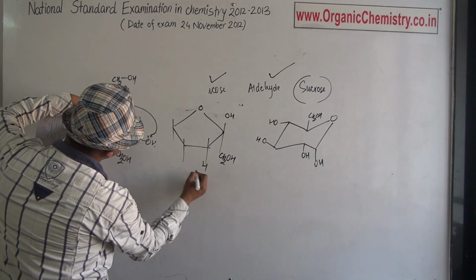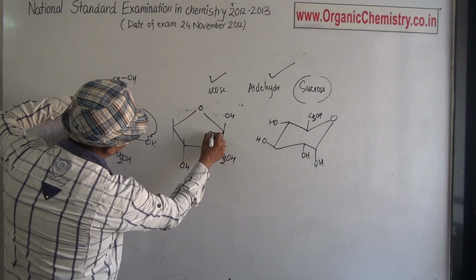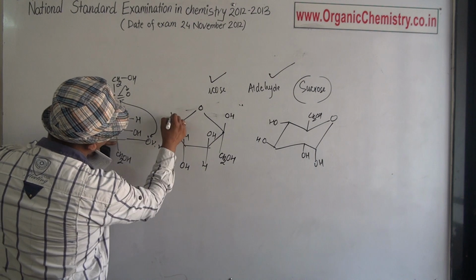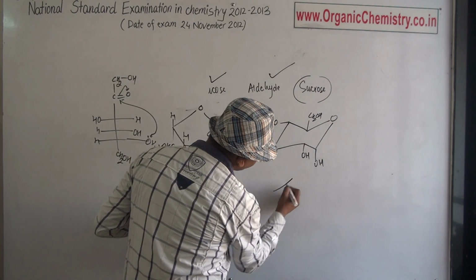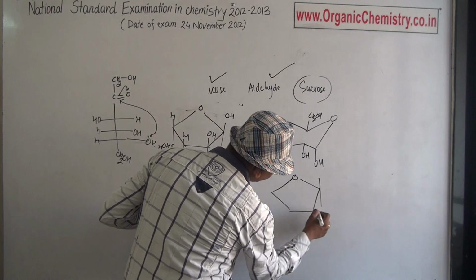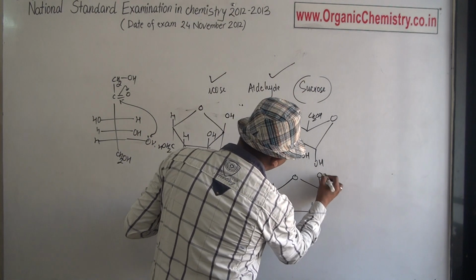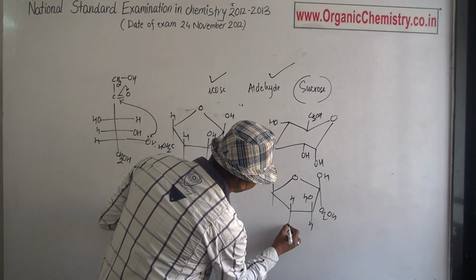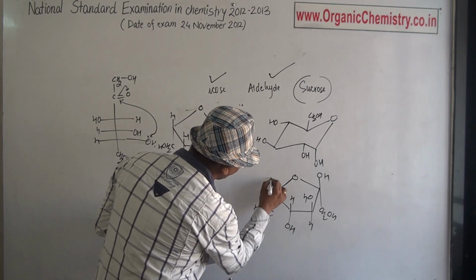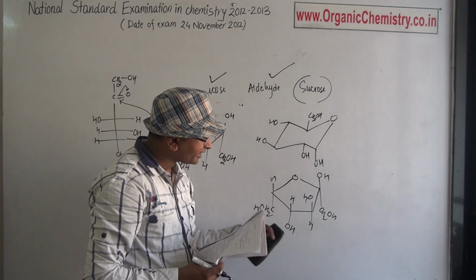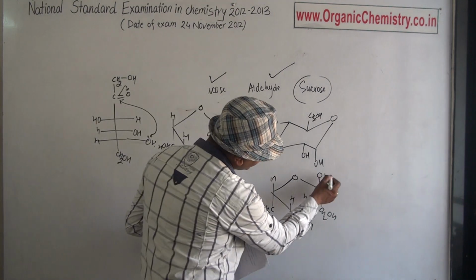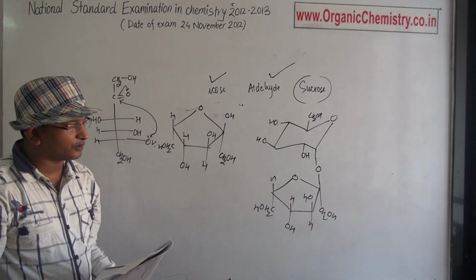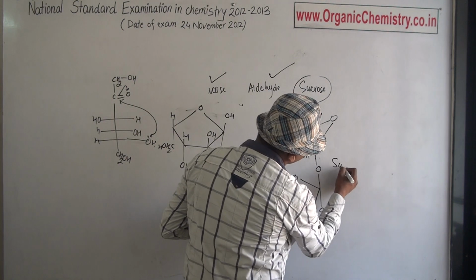Here H, OH, OH, H. At this carbon CH2OH and H. So this fructose, OH, CH2OH, OH, H, H, OH, CH2OH and H. When this glucose reacts with fructose and removes a water molecule, this structure is formed, and this structure is sucrose.